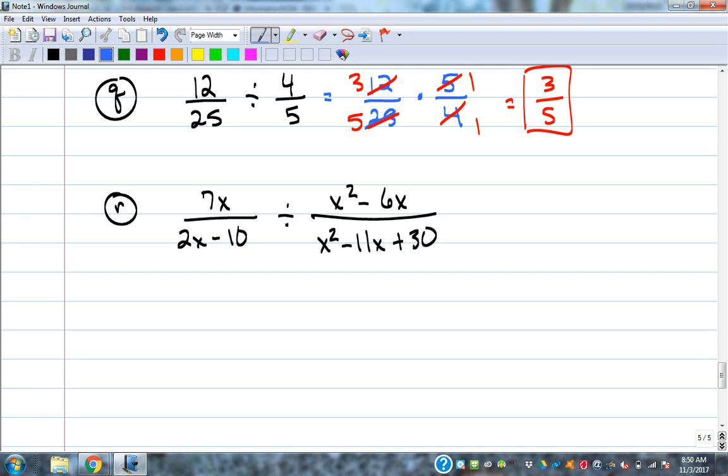It doesn't matter. At some point, you have to flip the second one. I usually do the flipping first and then do my factoring, maybe because that's just the way my teacher taught me to do it, but it doesn't matter what order you do that in. I'm going to write it flipped first.